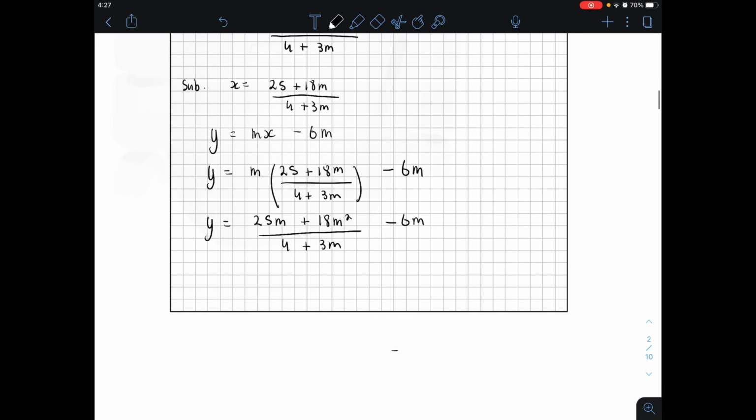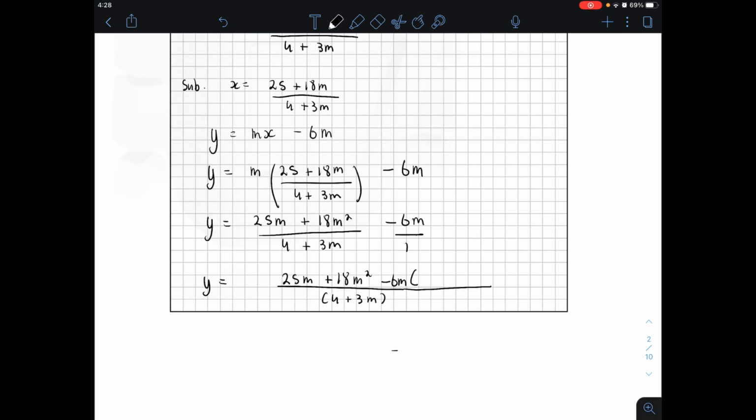To do that, I'm going to have my common denominator of both my terms as 4 plus 3m, which leaves me with my numerator of 25m plus 18m squared minus 6m.